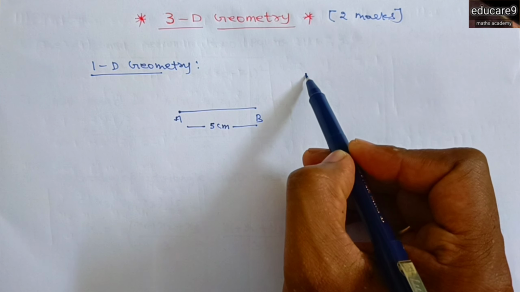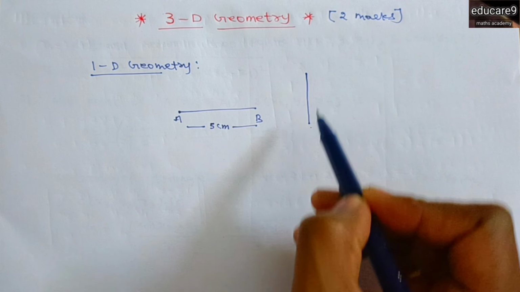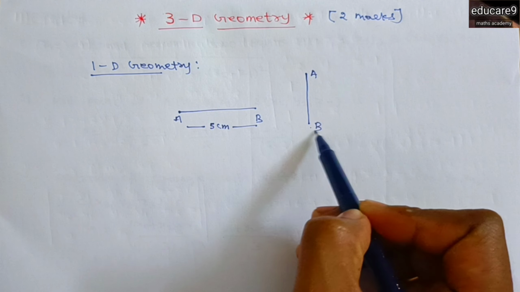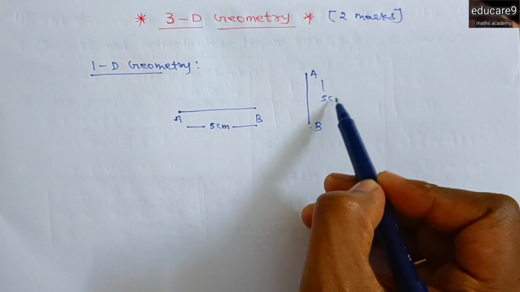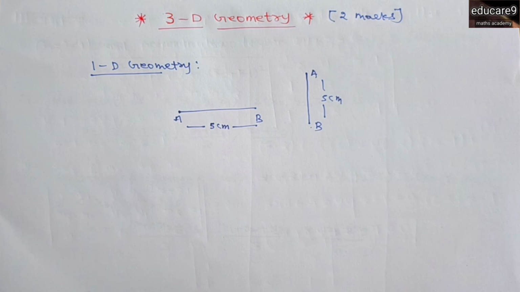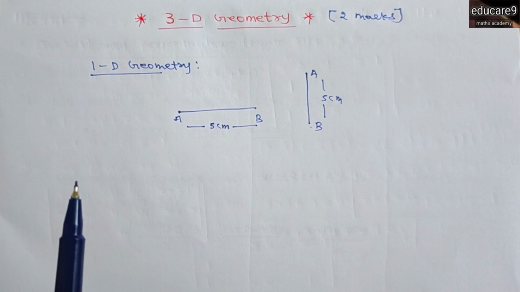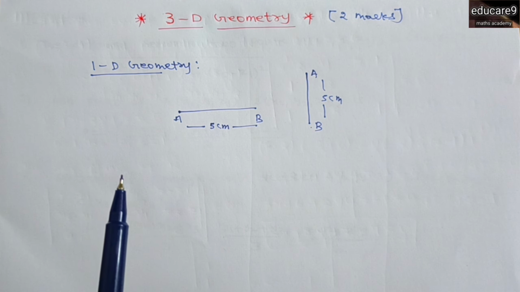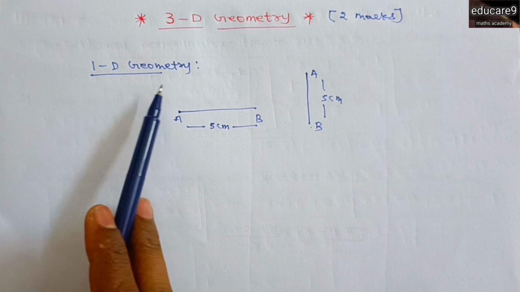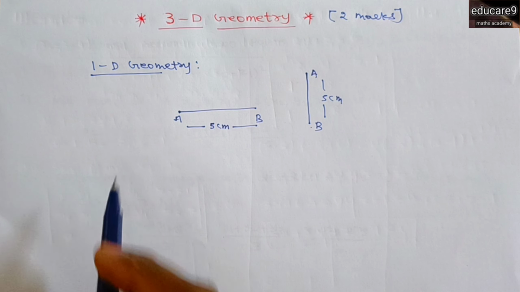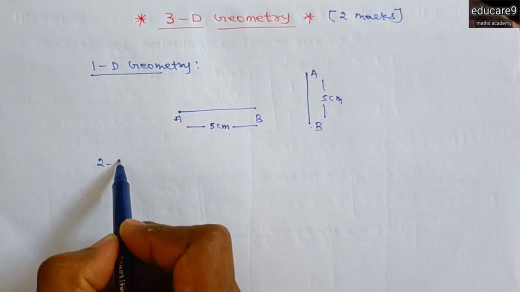Or for example, if you draw like this, this is AB. So this is also 5 centimeters. Clearly one dimension means it is having only length or breadth. That is called one dimensional geometry.